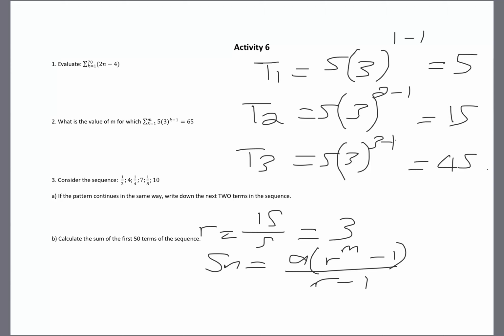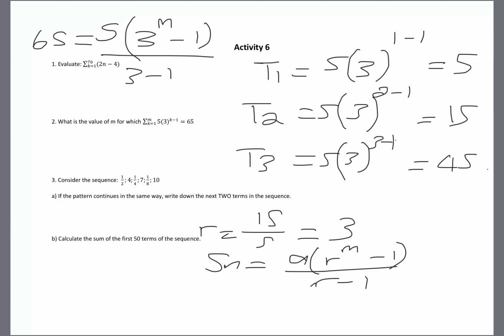I'm just going to carry on here, which is equal to my A. What's my A going to be? 5. 5, open bracket. My R is 3. 3 to the power of M, that's what I'm looking for, minus 1, over 3 minus 1, right? Yes, ma'am.